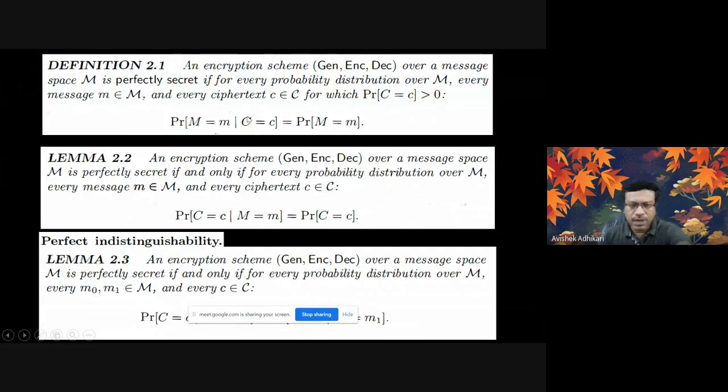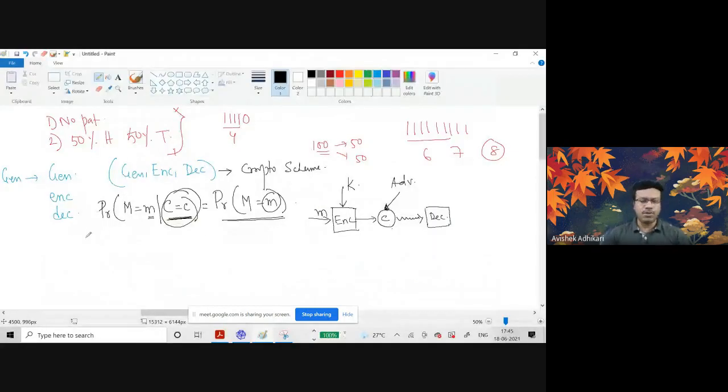Now, what do you mean by the probability for every probability distribution over M? For example, when I talked about frequency analysis, I already showed you that in the English alphabet, not every letter is equally likely. For example, E is the most used letter, whereas Z or W are used quite less in the English alphabet.